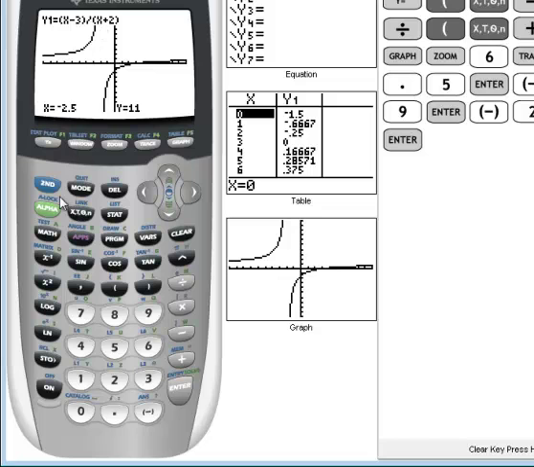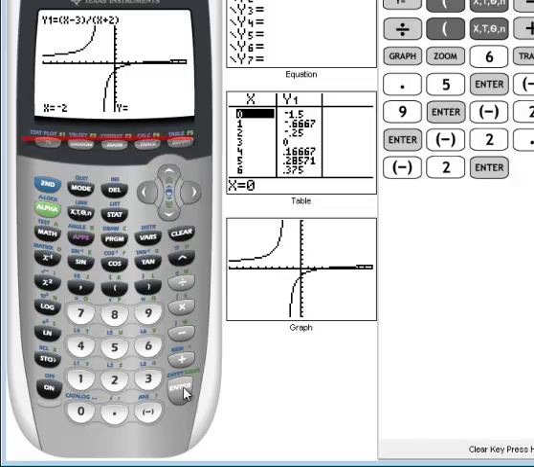And for x equals negative 2.1, the value of y is 51. So in this case, the closer you get to x equals negative 2, the larger the value of y. If you put in negative 2, there will be no value for y, as I have shown here.